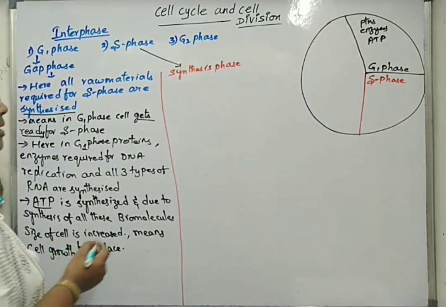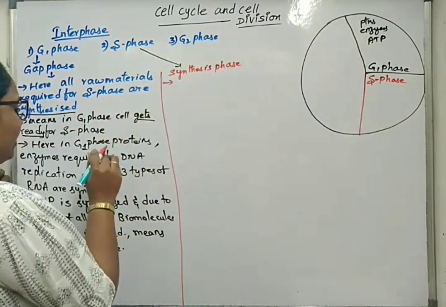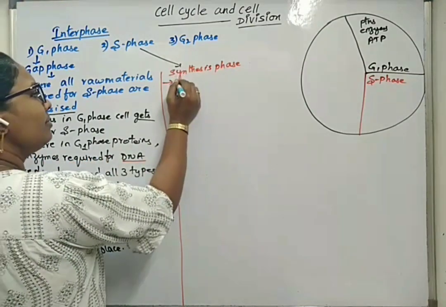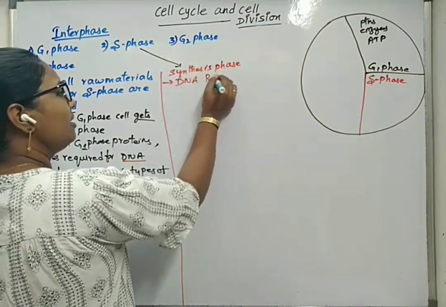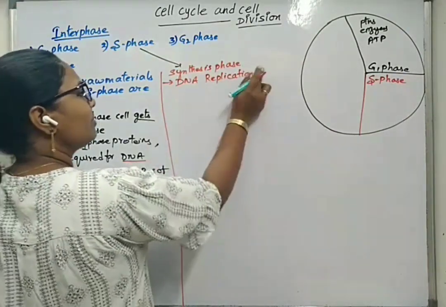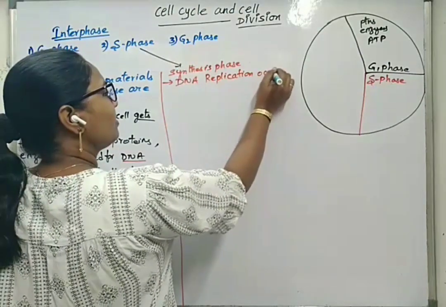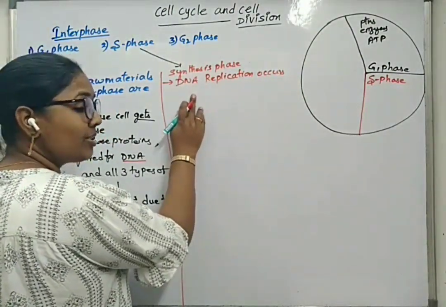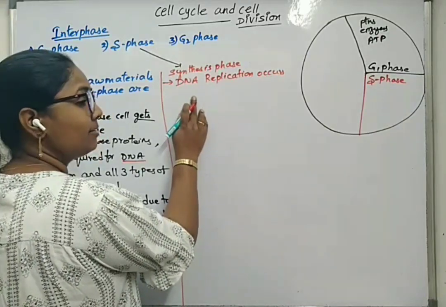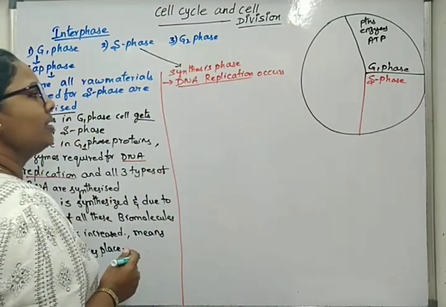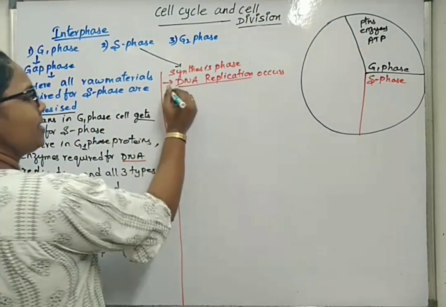Here what happens, as we have said before, is DNA replication. Here DNA replication occurs, means another copy of the same DNA. This is also termed as autocatalysis, that we will learn later. So here DNA replication happens.